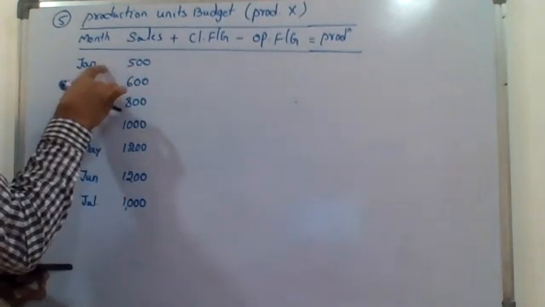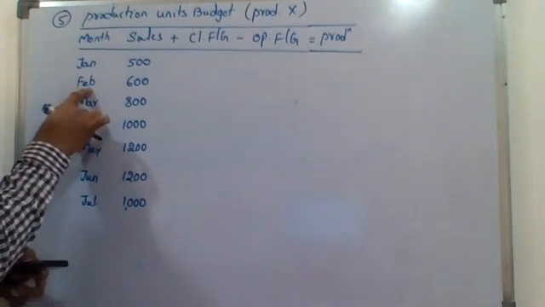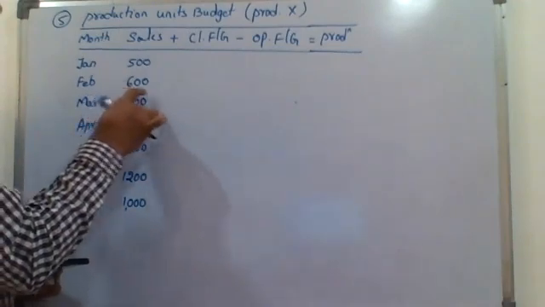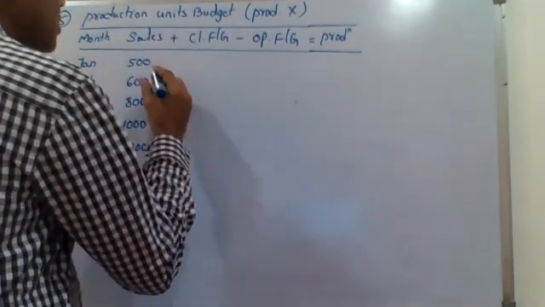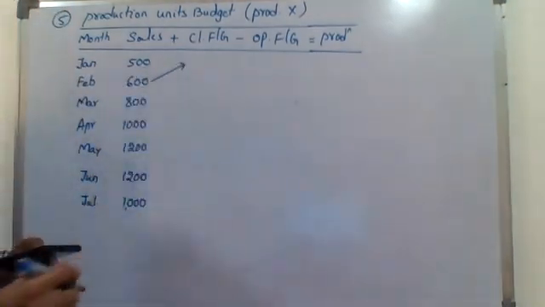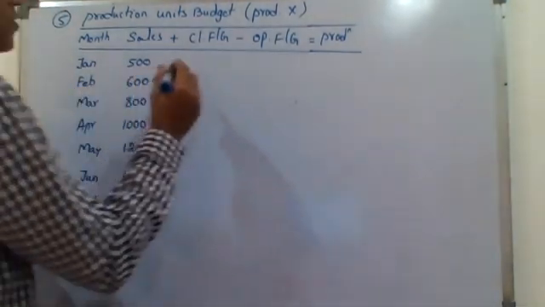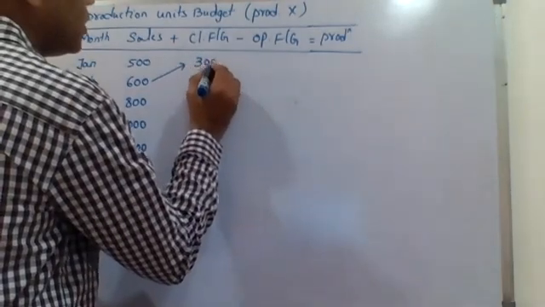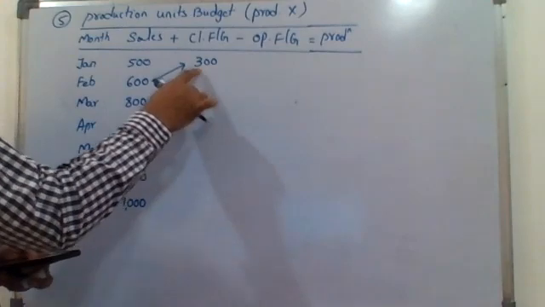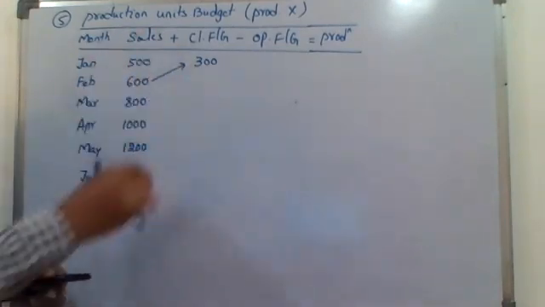What is January's next month? February. February sales is how much? 600. So half of this will be closing stock of January. So here I'll bring it here and take 50%. 50% of 600 comes to 300. Did you get that? So January's closing stock is equal to half of February's sales.